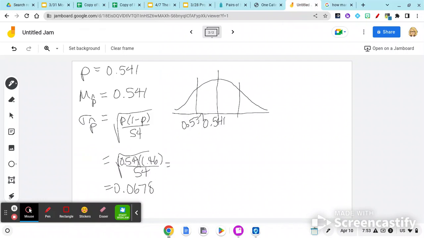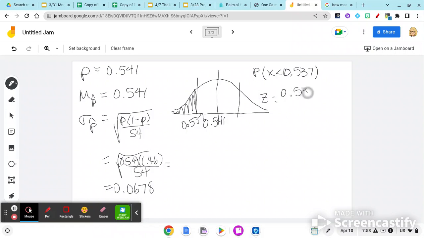So we appear to be less than. So what's the probability of getting 53.7% or less? So that's what we're going to go for, probability of less than 0.537. So I need a z-score.